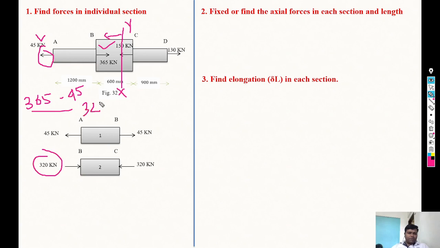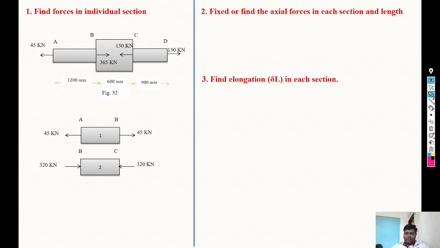Due to that plus, the direction of this 320 is towards right, so consider 320 kilonewton towards right. And the same opposite at C point, this force is considered towards left.